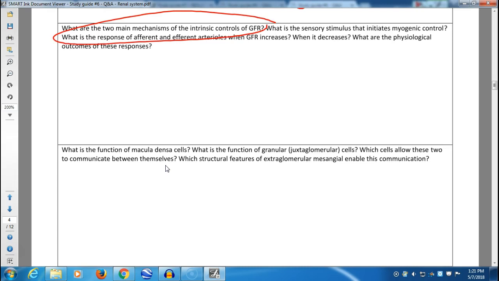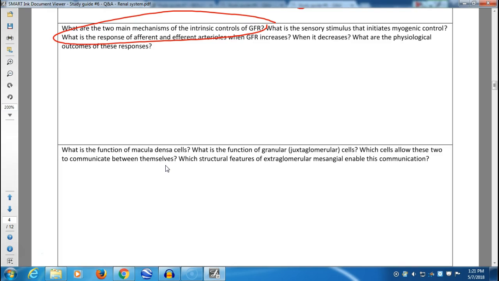So myogenic: if blood pressure increases transiently, if it goes up, GFR goes up. In response, afferent arterioles will constrict, efferent dilate. Work on this. Know how blood pressure change will change GFR.